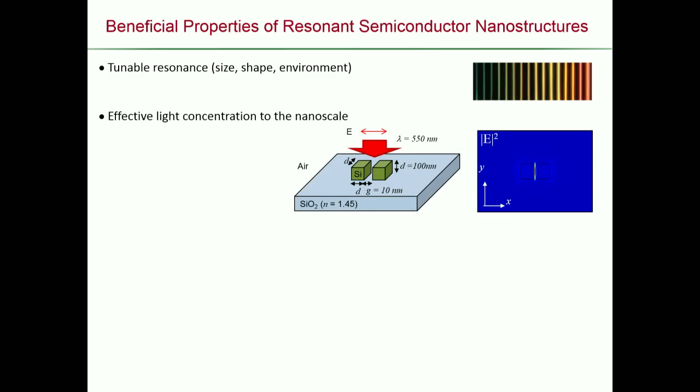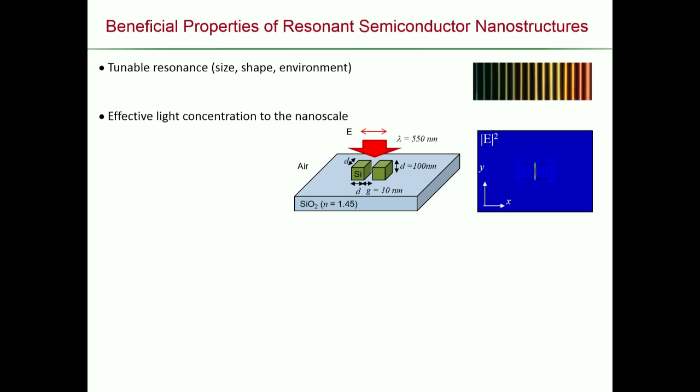So let me tell you a couple benefits of semiconductor nanostructures that are the same as metallic nanostructures. And that is the tunability of optical resonances, but also if you, for example, place two semiconductors, in this case silicon nanostructures, close together, you can shine light on them and get very high field intensity between the particles, very similar to what is observed between two tiny metallic nanoparticles.